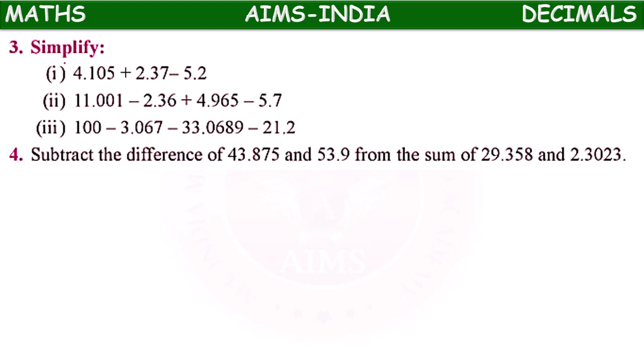Next, simplify. Let's take this third question. We have 100. 100 is positive. Only one positive. Remaining 3 negative.